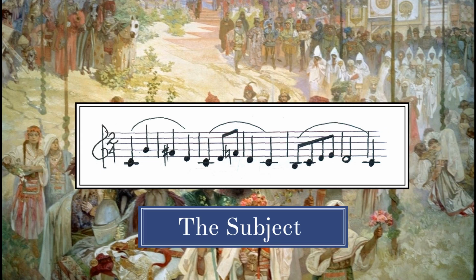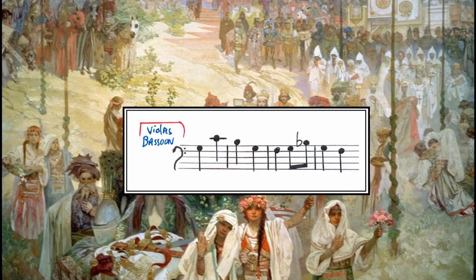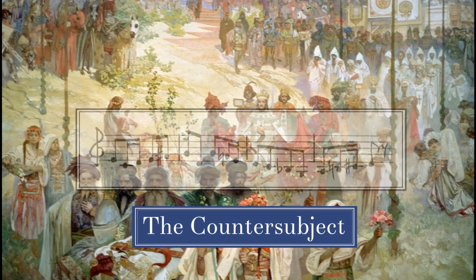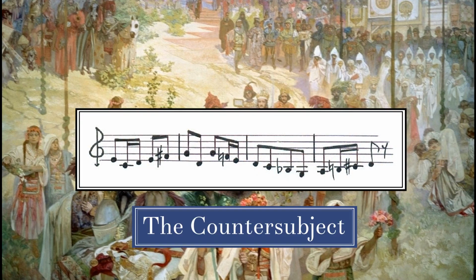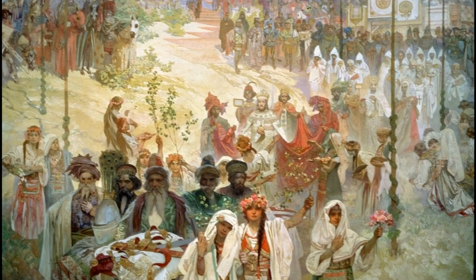And when the violas and bassoon enter with the same subject now, but in the polar key of G major, the second violins now go on to the new counter subject, which is this. Very Baroque-like. It will interact beautifully and technically correct with the first subject in the violas.